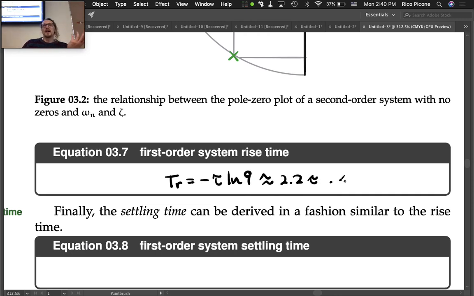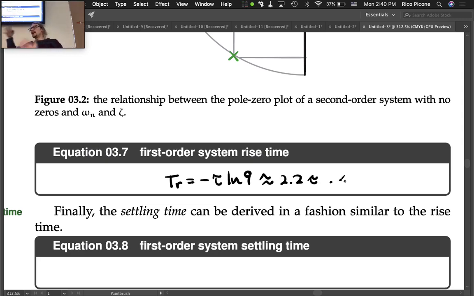Great. That's nice because when we have a system that's described by a first order differential equation, we can just know this is what the rise time must be. And is that for all first order systems? All first order systems without a zero. If there's a zero involved, then this is not true anymore. And we'll talk about how we could still sometimes use this approximation and feel good about it.